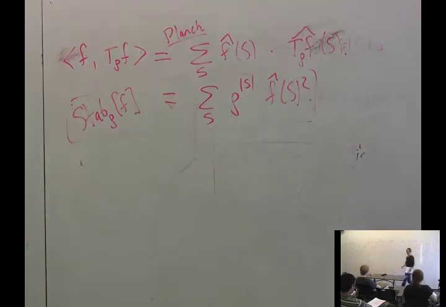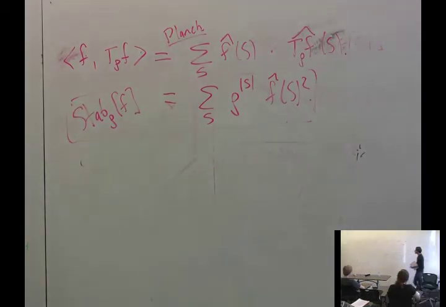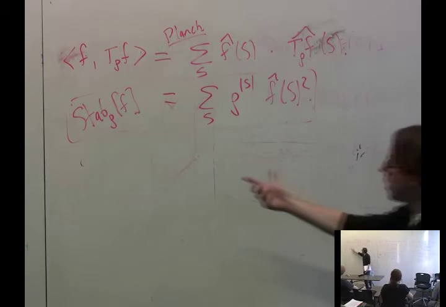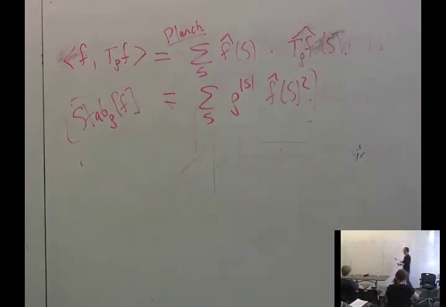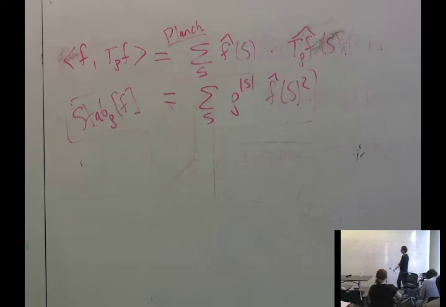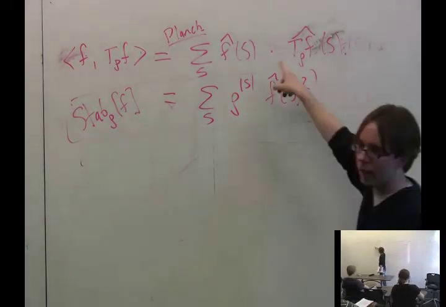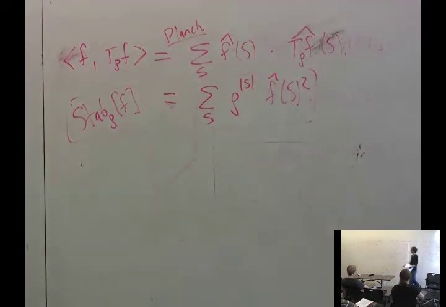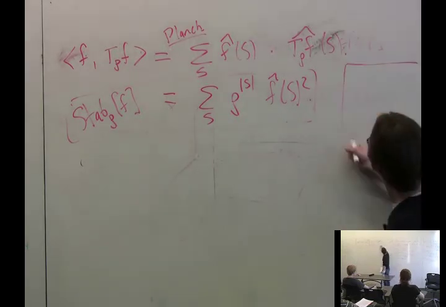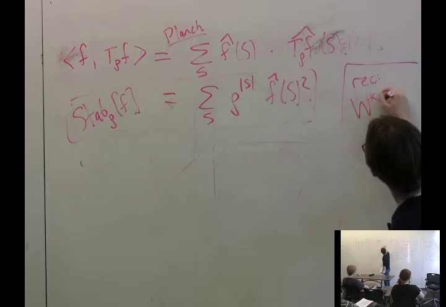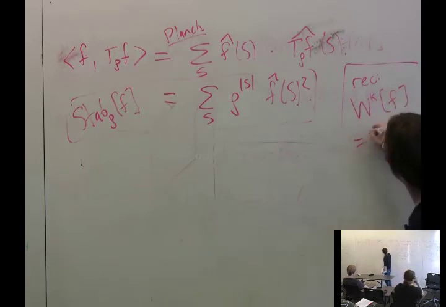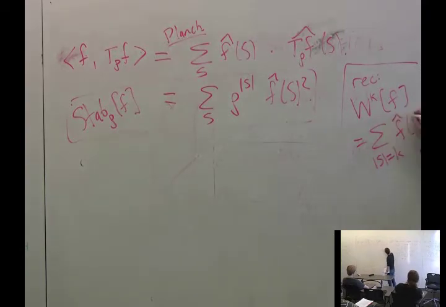So we have yet another nice formula that interprets a combinatorial quantity. If f is Boolean valued, the probability that the outcome of the election will change due to some misrecorded votes is related to the Fourier expansion, in particular the Fourier weights. In fact, if you recall the notation I used today, I wrote W superscript k for the sum of the weights at degree k, or at cardinality k.